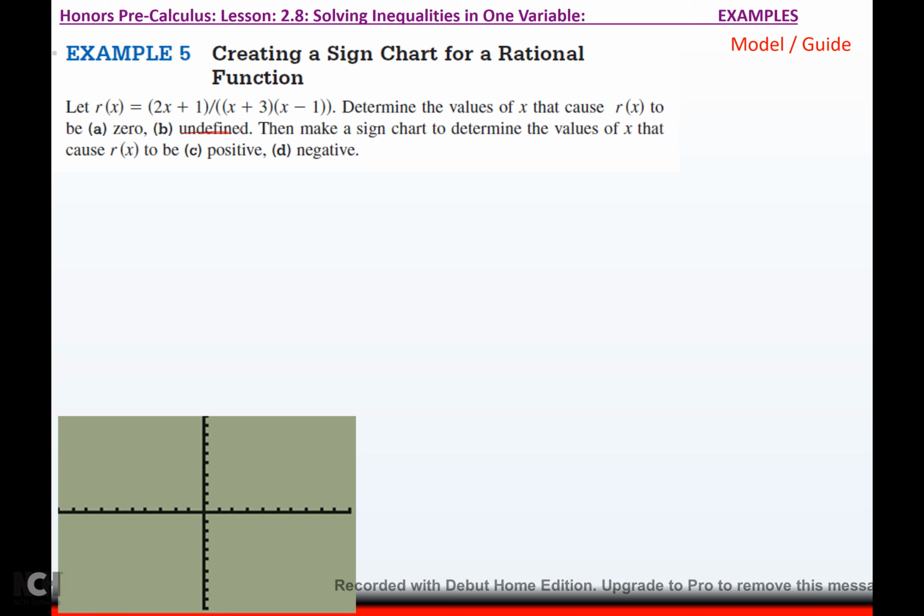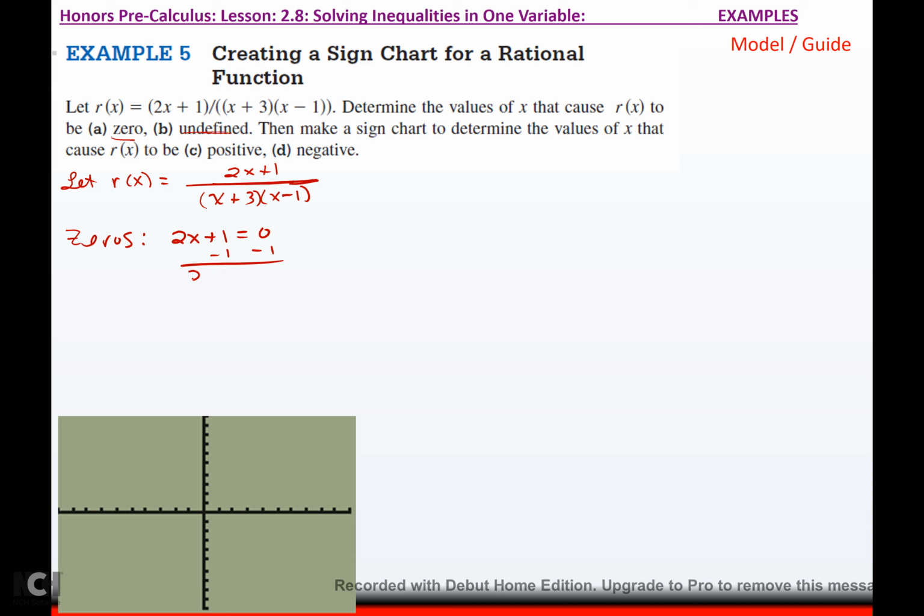My function right now says let r of x equal 2x plus 1 over x plus 3 times x minus 1. Alright, we're going to have some more issues. If you remember, to find your zeros of a rational function, you set your numerator equal to 0 and solve it.